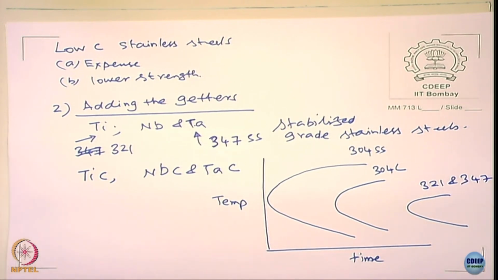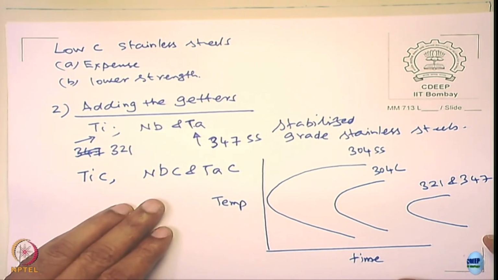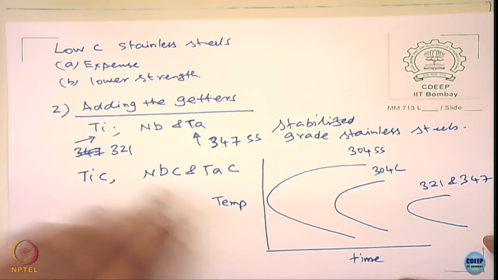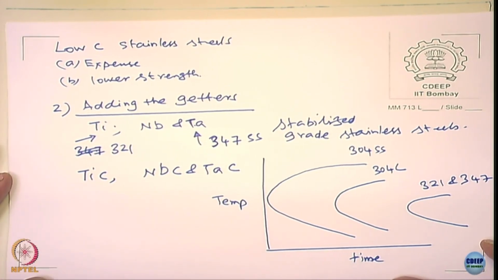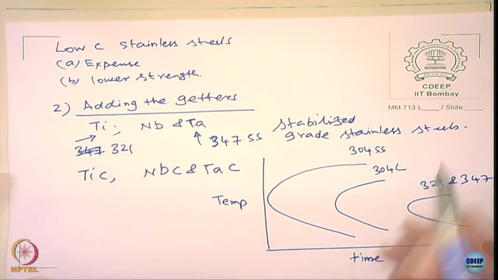In fact, 321 and 347 are much more resistant to sensitization than 304L, because the carbon activity of the stainless steel drops very low because of the association of titanium carbide, niobium carbide and tantalum carbide into this, and they are called the stabilized grade stainless steels.